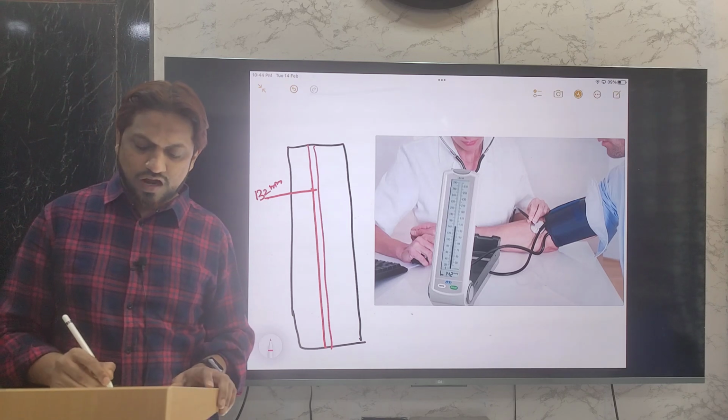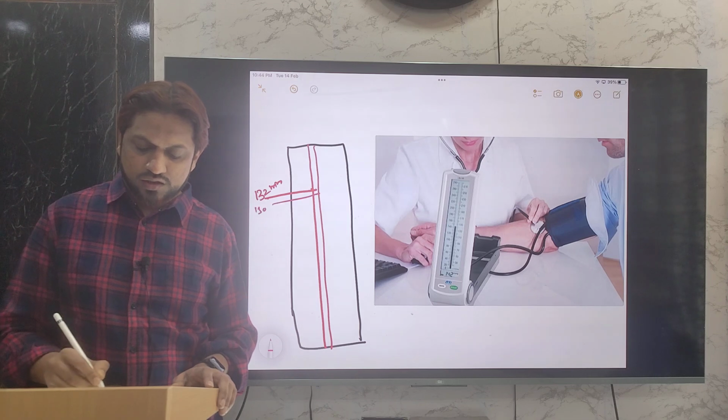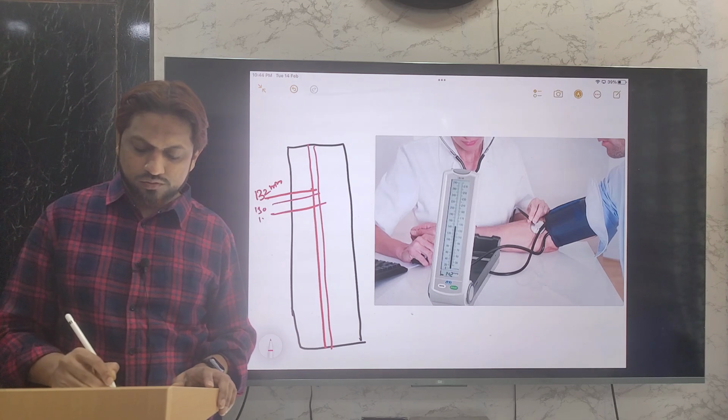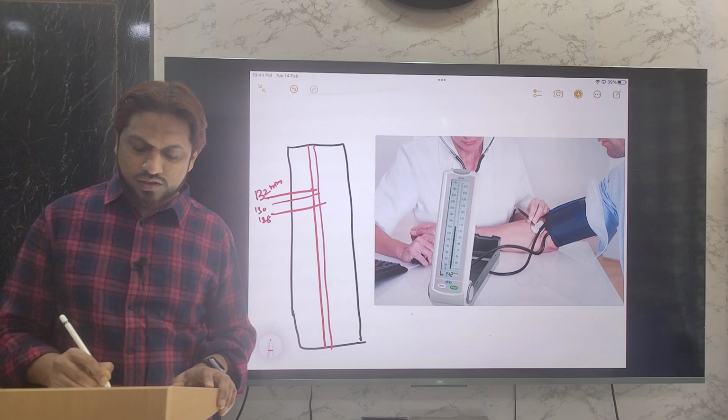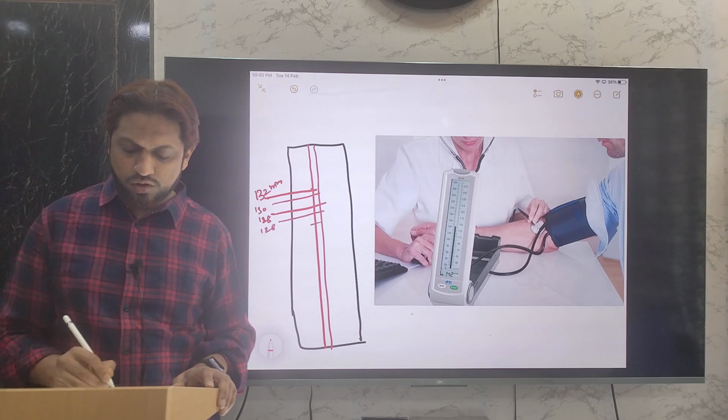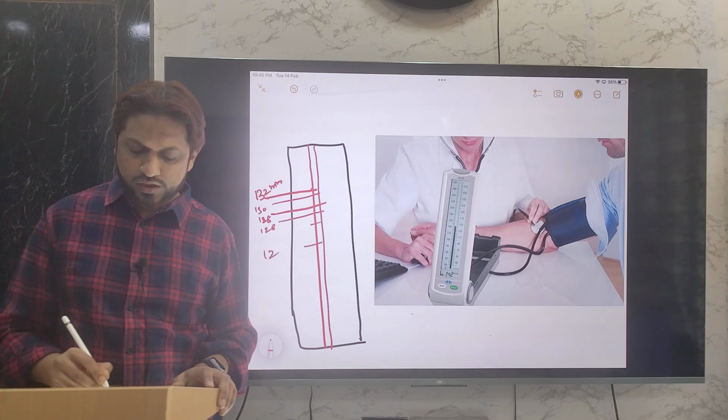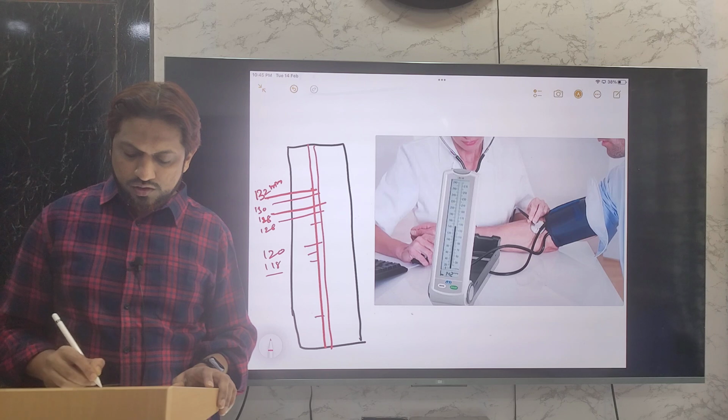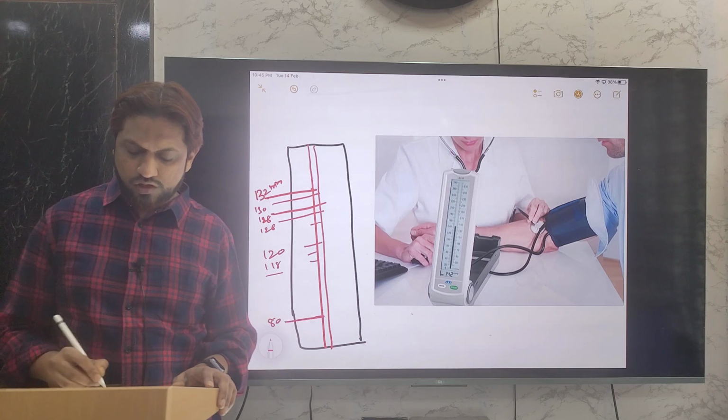Then we have readings like 130, 128, 126, and so on, up to 120, then 118, and here we have 80, or whatever it may be.